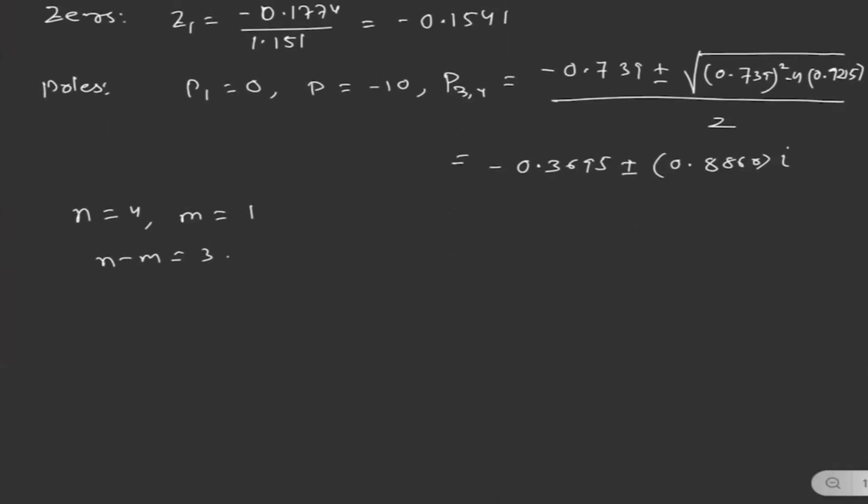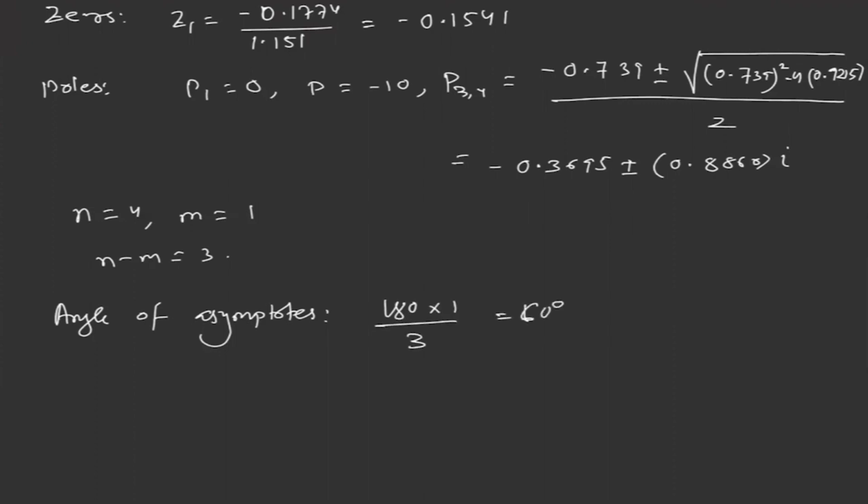So now let's find the angle of asymptotes. We can find 180 degree into 1 divided by 3, which is 60 degree.